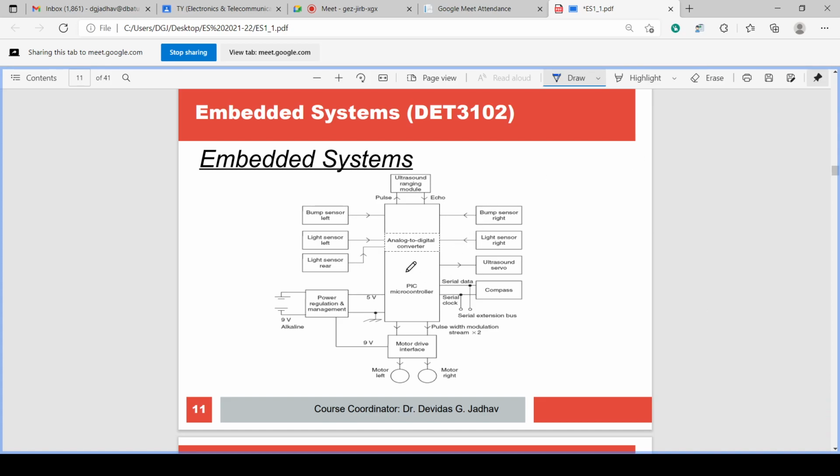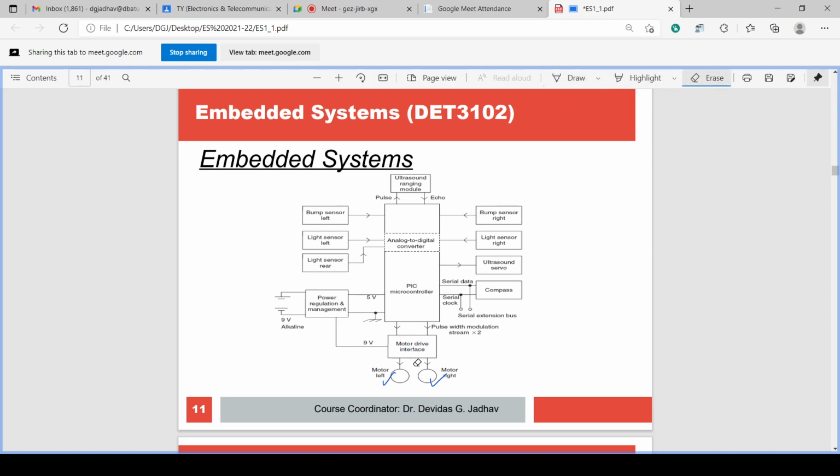So there is the microcontroller, analog to digital converter, motor driver interface, and motors, and one more is power regulation and management, the power supply. There is a battery and a power management circuit.